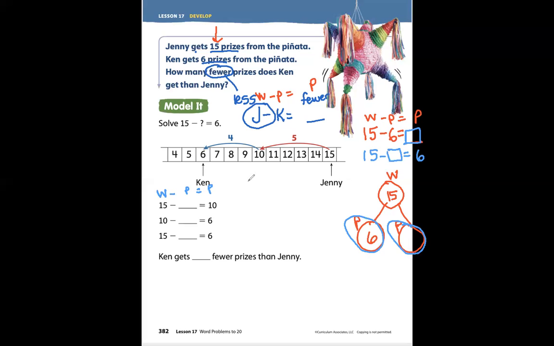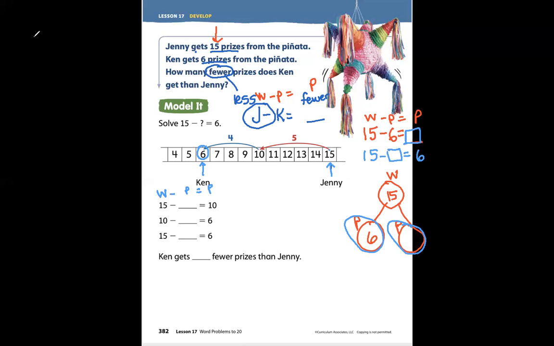So here in this strategy, they started with Jenny. Jenny had 15 pieces of candy from the piñata. Okay, we know that Ken only got 6 pieces of candy from the piñata. Okay, they started at 15.